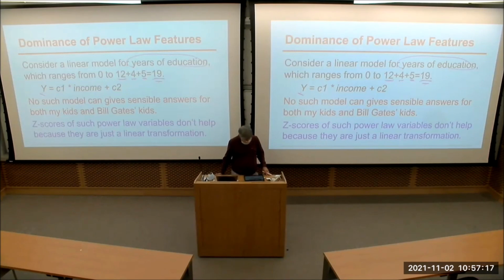If you wanted to build a model where you were trying to predict years of education as a function of income, notice that the independent variable, if it was something that was power law distributed, something like income, a linear model can't really give a sensible answer to this.